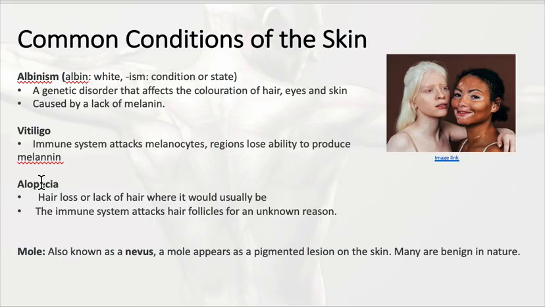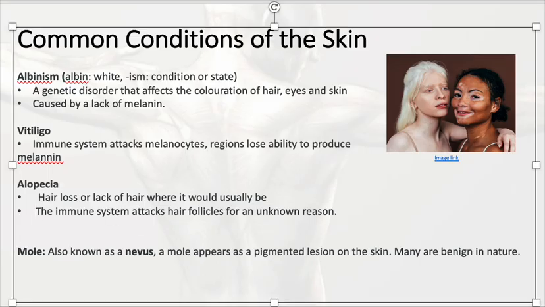Alopecia is a broad medical term that simply means hair loss, so just general hair loss or lack of hair where it would usually be. There are many types of alopecia, and the most common autoimmune version, if you will, is alopecia areata, and I'll type it here.